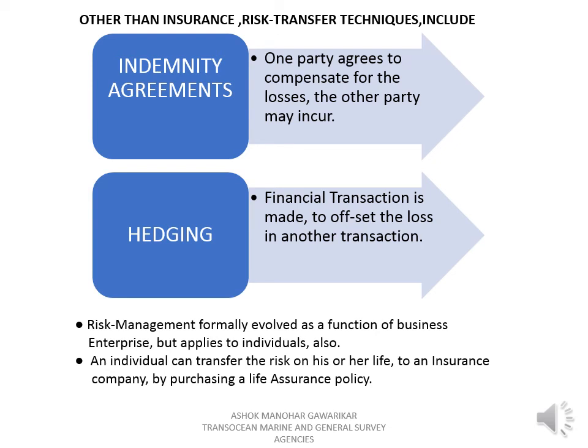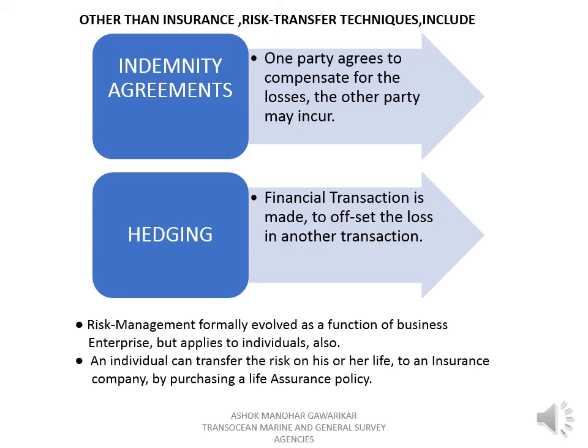So one party is agreeing to compensate the other party for losses they may incur. This is common when the risk is attributable to the behavior of the indemnifying party. So this is the way in any commercial contract between two parties, that there is a time limit.